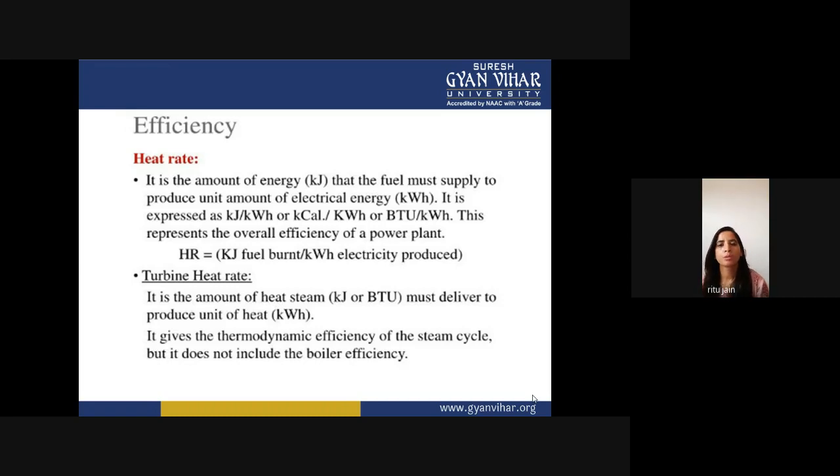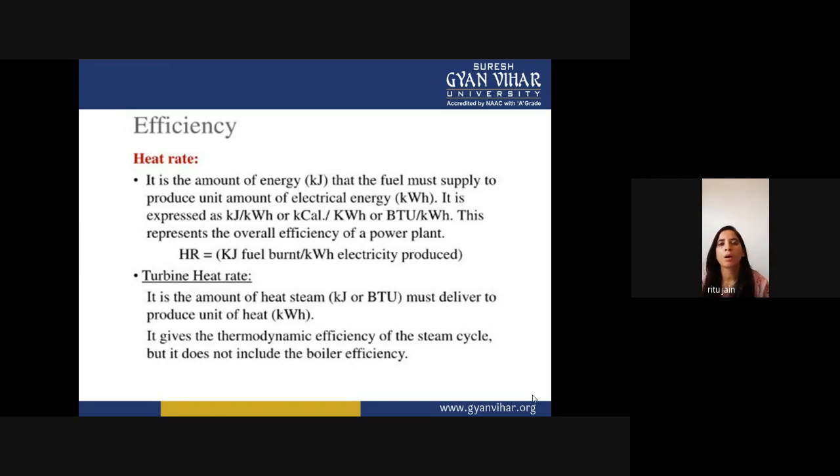Next, we come to the turbine heat rate. It is the amount of heat the steam must deliver to produce a unit of electricity. Actually, in a thermal power plant you are burning coal, so how much coal is required to convert water into steam?